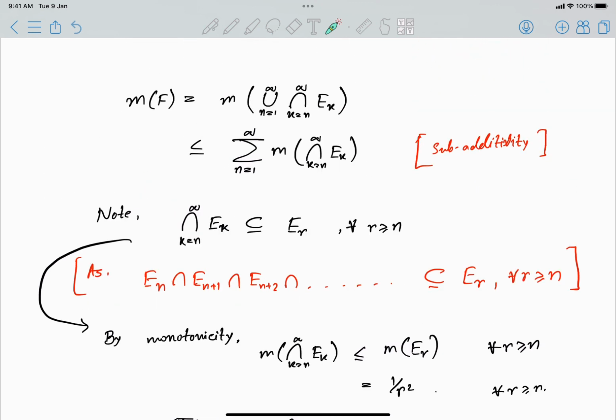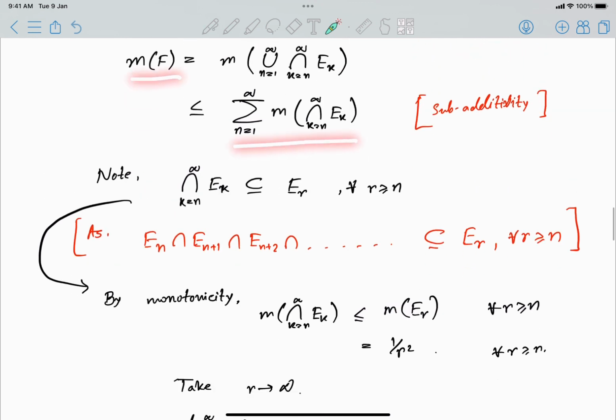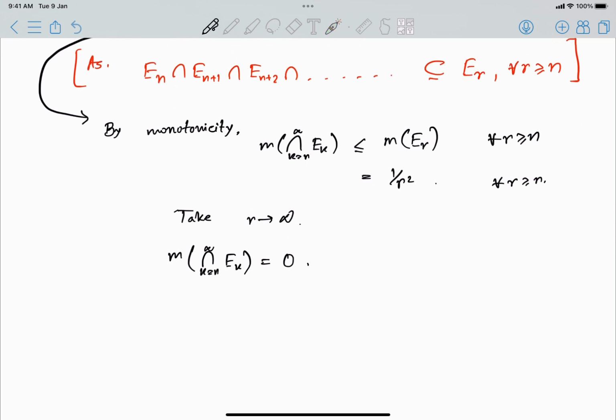So therefore, what will be the measure of F? Measure of F is less than the summation n equals 1 to infinity of the measure of intersection k equals n to infinity Ek, and individually each set has measure 0, so the total is measure 0.